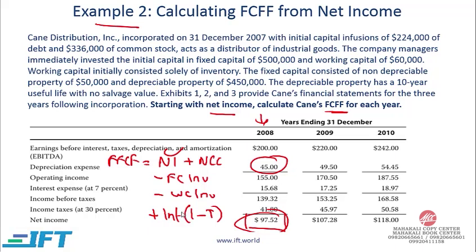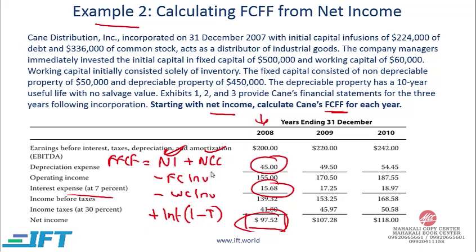Is that given? So on this particular slide, we have the net income, we have the non-cash charges, we have the interest expense at 7%, so that interest expense is given, and somewhere we are also given the tax rate, so we will actually use the after-tax interest, so interest times (1 minus 30%).